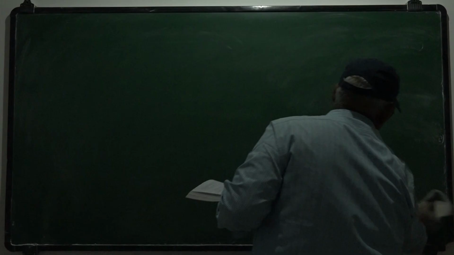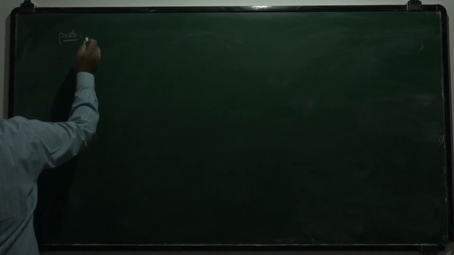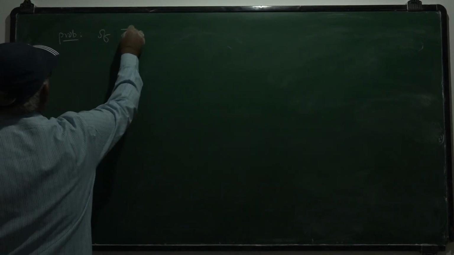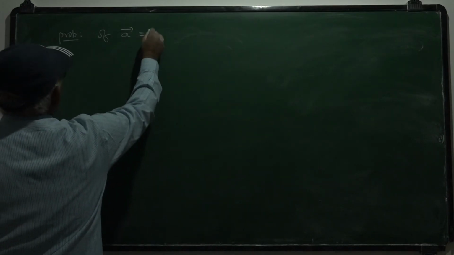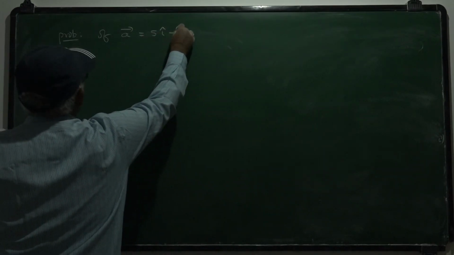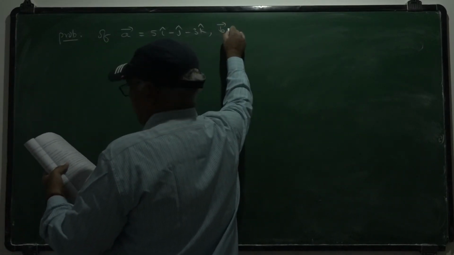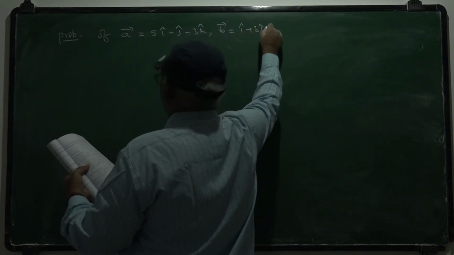I will give simple problems on this dot product. The problem: A bar is given as 5i minus j minus 3k, B bar is given as i plus 3j minus 5k.